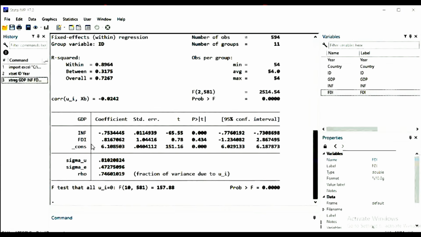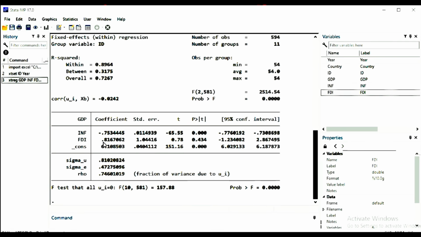Regarding the second regressor, that is FDI, the estimated coefficient is positive, that is 0.8167, which is close to 0.82. But unfortunately, its probability value is much higher than the critical 5% threshold for statistical significance.